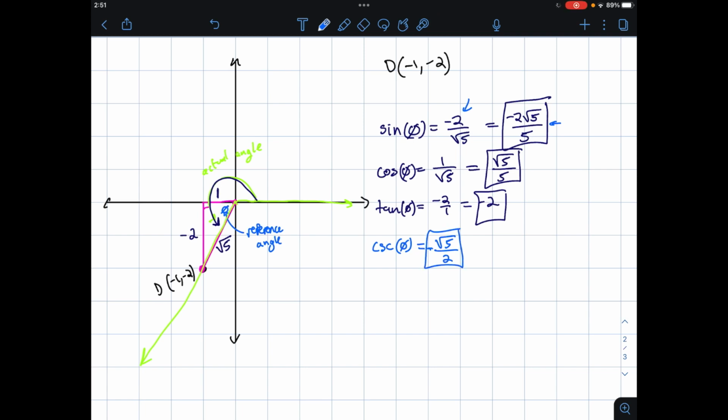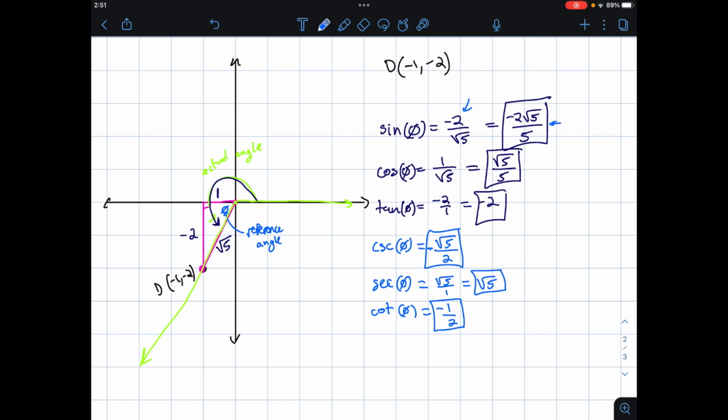So that's good. Cosecant. Secant is the reciprocal of cosine, so we get just root 5 over 1, which is just root 5. And then cotangent, we flip negative 2 over 1, and we get negative 1 over 2, or negative 1/2. And there we go. We've done 6 trig functions on a point.